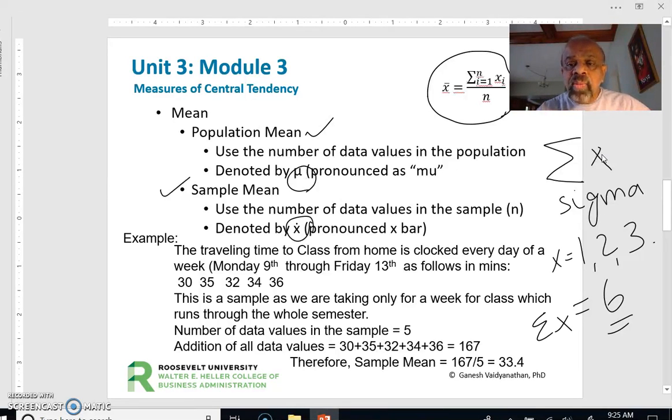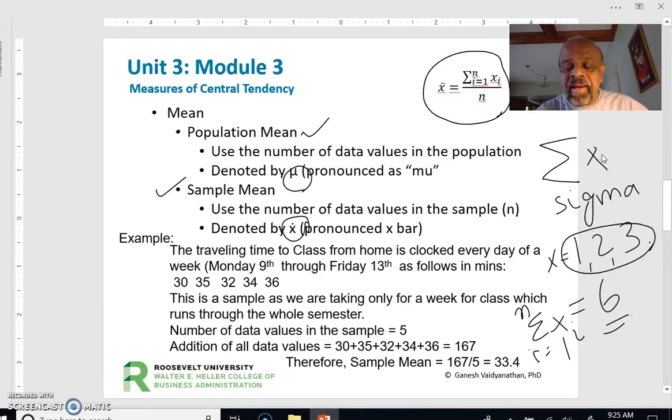Okay. Now, I also have what is called i is equal to 1 to n, and then I put x of i. Basically, here, instead of saying x1 plus x2 plus x3, I put x_i from 1 to n, where n is the number of data.